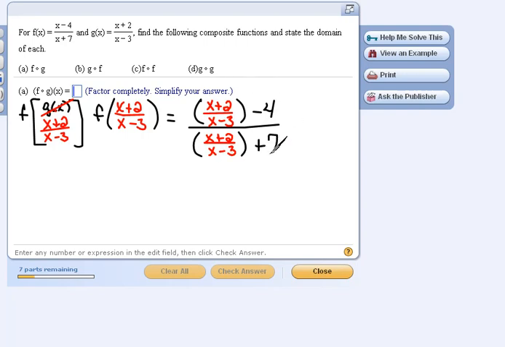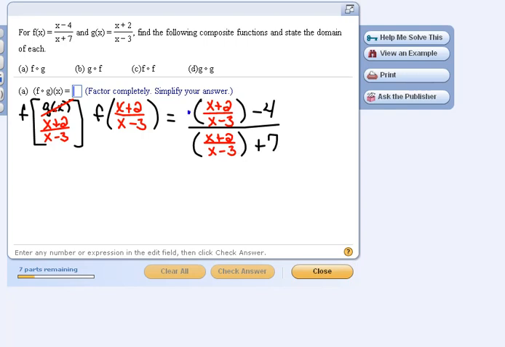Okay, so now we have the composition, but this is not simplified. In order to simplify it, we need to get rid of this complex rational business here. So in order to do that, we're going to multiply every term by the common denominator. Our denominators here are x minus 3, 1, x minus 3, and 1.